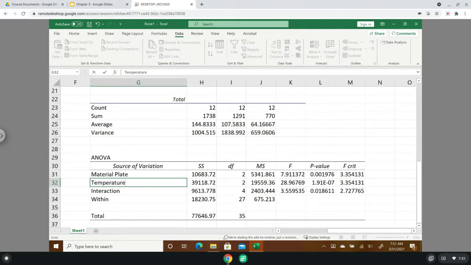So temperature. We have the main effect of two factors, material plate and temperature, and then the interaction effect between material type and temperature.